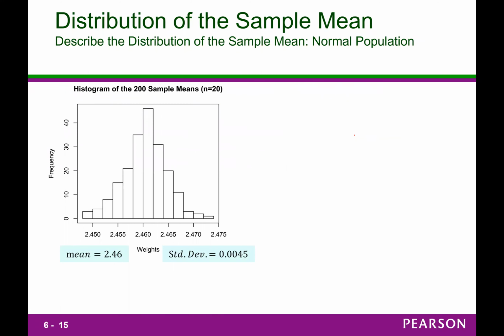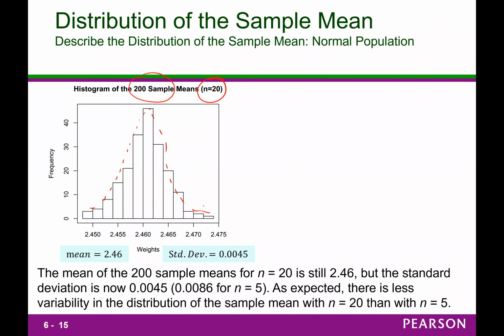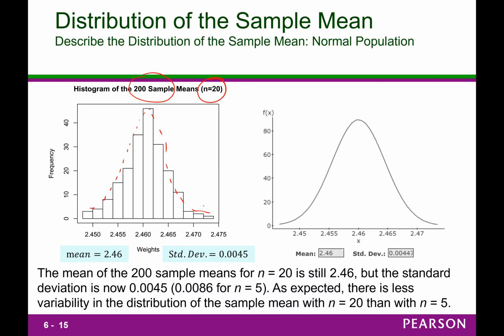That is the histogram for 200 samples of size 20. And the theoretical curve is also normal. If we obtain all possible samples, not 200 samples but all of them, the theoretical distribution will be normally distributed.